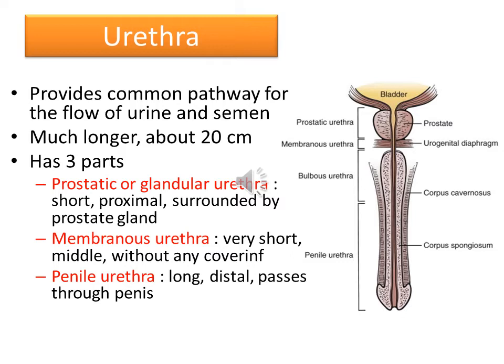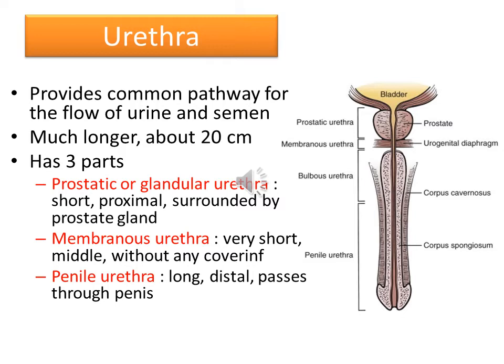It has three parts. First one is known as prostatic or glandular urethra. Obviously from the name you can understand, it is the part of urethra surrounded by the prostate gland, so it is short, proximal and surrounded by a prostate gland. The second one is the membranous urethra. It is very short, present just below the prostatic urethra.